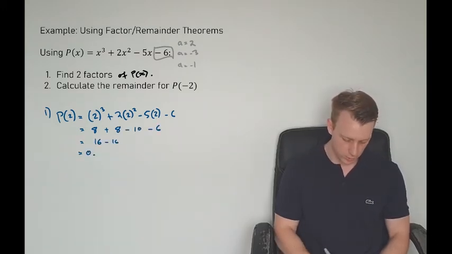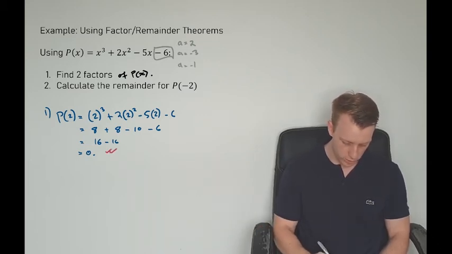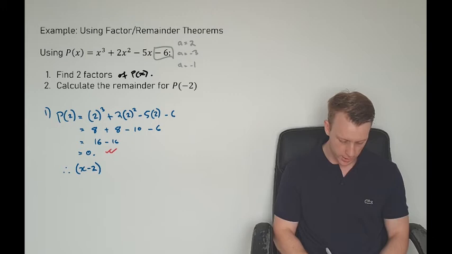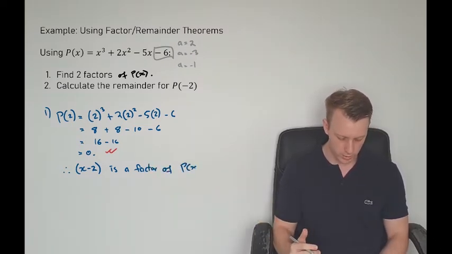is exactly what I wanted. So I can make a little statement here. Therefore, x minus 2, because A was 2, so x minus 2 is a factor of P of x. Great, so that's one factor. I'm going to look for another one.